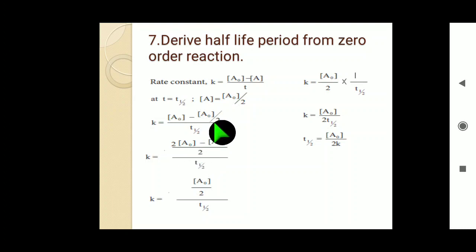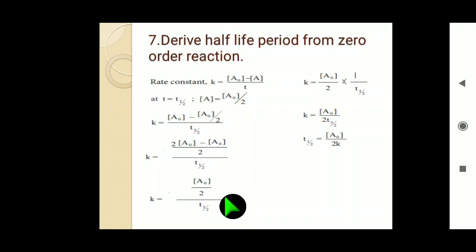The 2 should be multiplied with A naught minus A naught by 2, divided by T1 by 2. Then 2 A naught minus A naught means 1 A naught by 2 T1 by 2. Next, how to write the K?